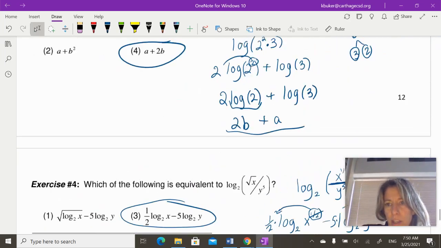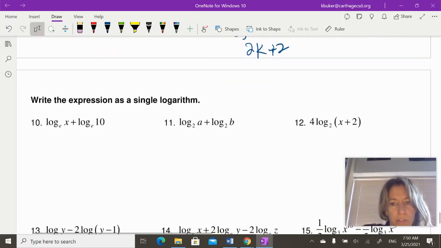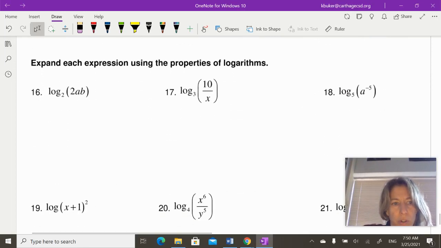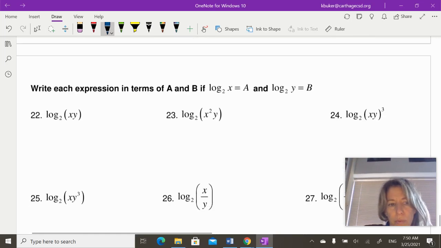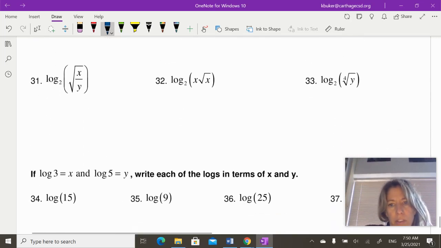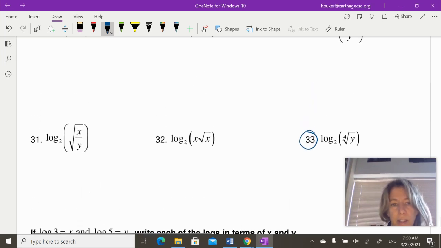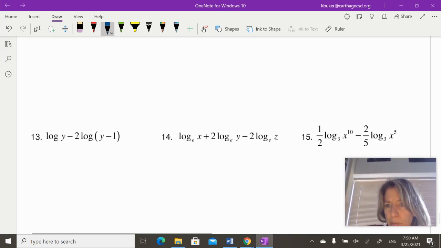All right, so your homework for this is you are going to do numbers 16 through 33. Just so you know, I think we might have skipped over a page for you.